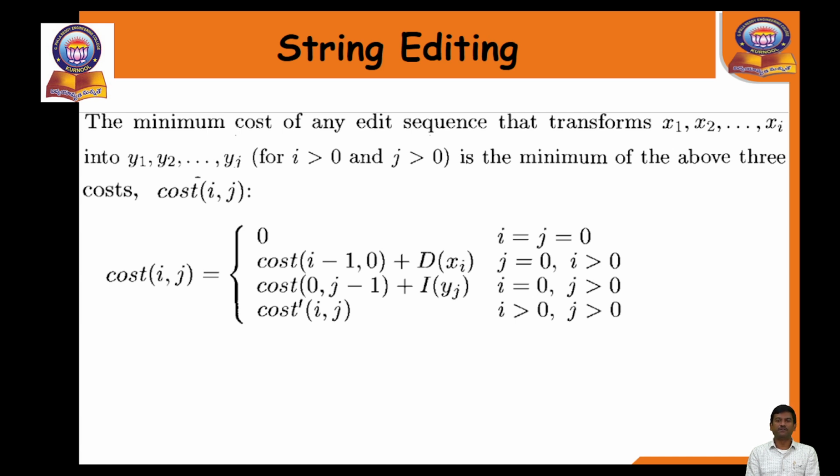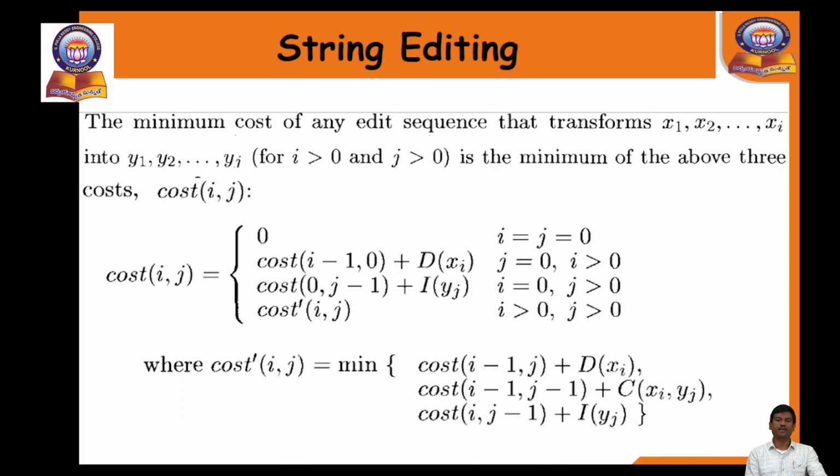Similarly, if j value is equal to 0 and i is greater than 0, you have to use the computation statement, that is cost of i minus 1 comma 0 plus delete on xi. If i value is equal to 0 and j value is greater than 0, then you have to go for the computation statement cost of 0 comma j minus 1 plus insert of yj. And if both values are greater than 0, then you have to compute cost dash of i comma j.